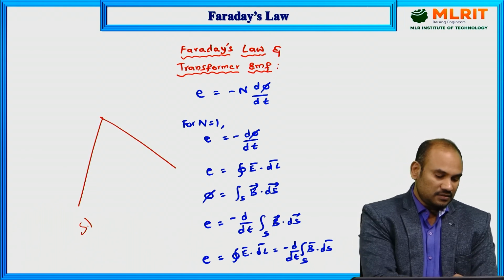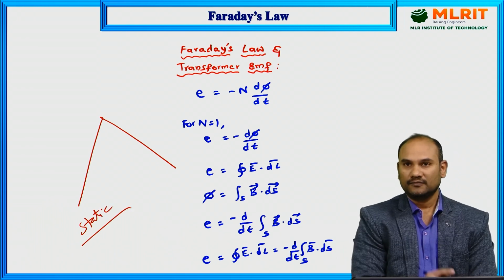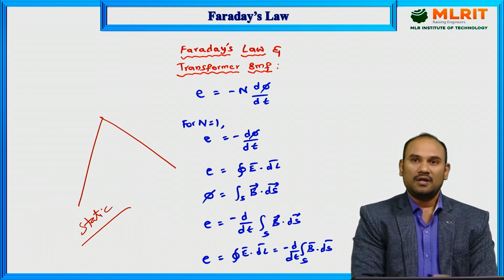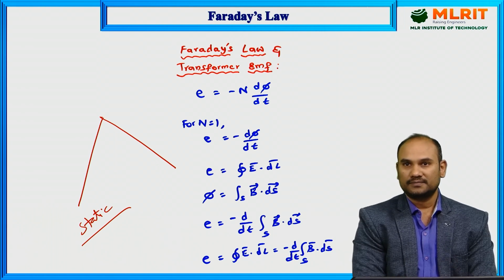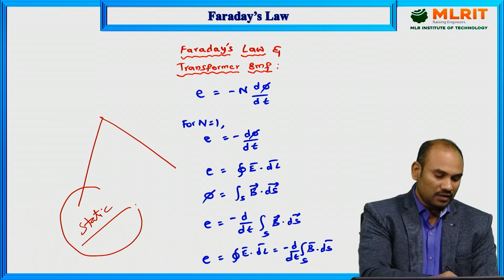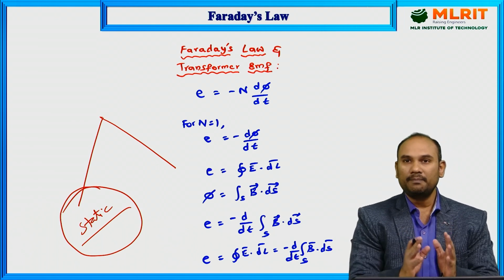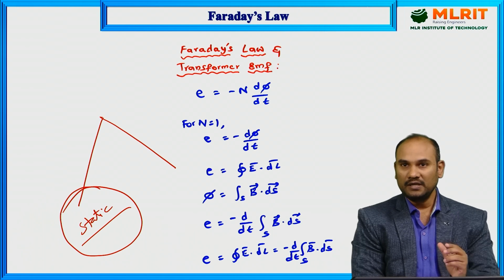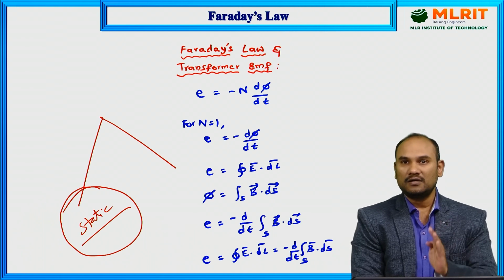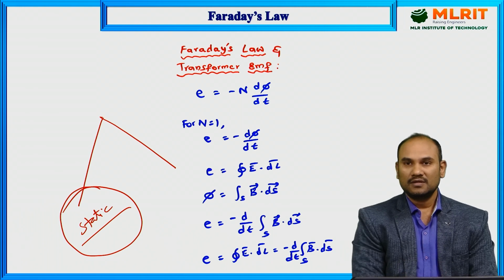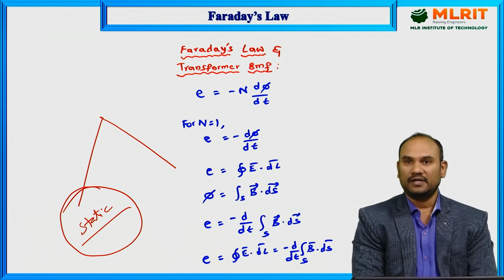Static domain means the electric field is a static electric field, which is electrostatics, and the magnetic field is a static magnetic field, which is magnetostatics. As long as you are in the static domain, the fields are independent of each other. I repeat, in static domain, the fields are independent of each other, which means a static electric field is in no way connected to a static magnetic field.